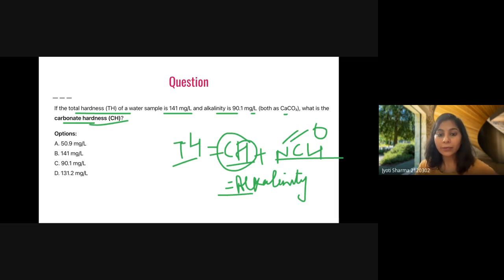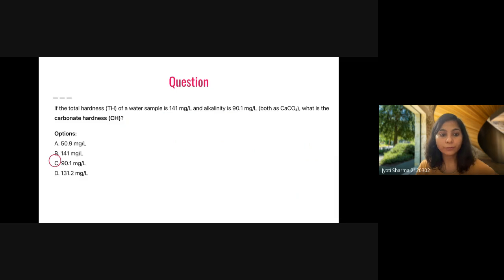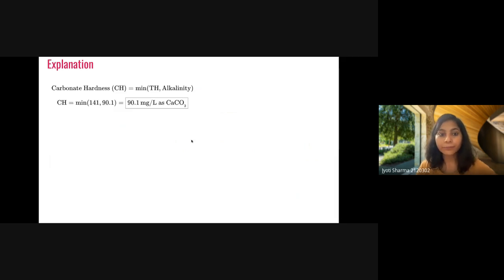Let me show you how we calculate this. If we are calculating the carbonate hardness, it will be the minimum value of total hardness or alkalinity, so this will give you 90.1 only.